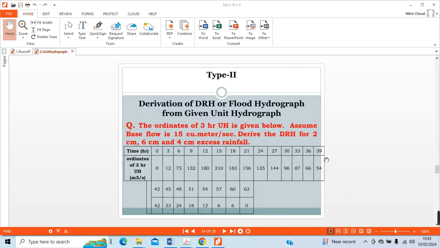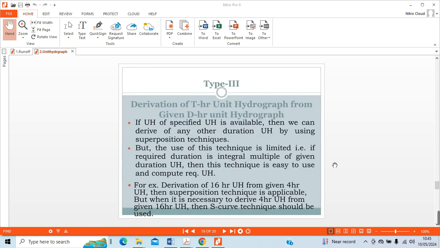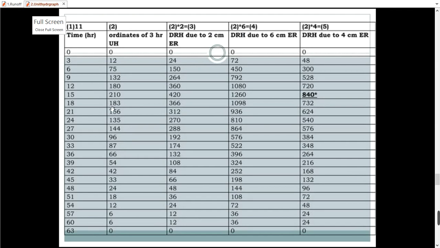So simply you can understand. This one okay. You can understand it's only multiplication of values.